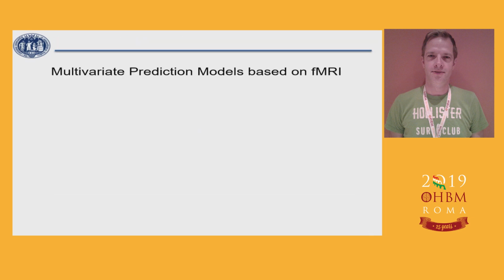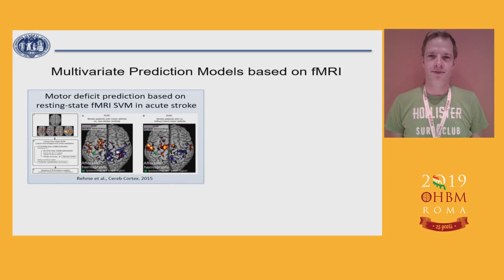Finally, we have also used prediction models with stroke fMRI data. I just briefly want to show you two examples, where we also tried to predict the motor impairment based on resting state connectivity using a linear support vector machine and a leave-one-out cross-validation approach, in acute stroke patients, and we could show that this kind of data has sufficient information to make predictions with quite high accuracy.